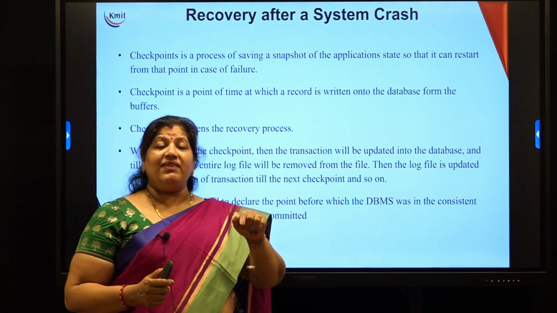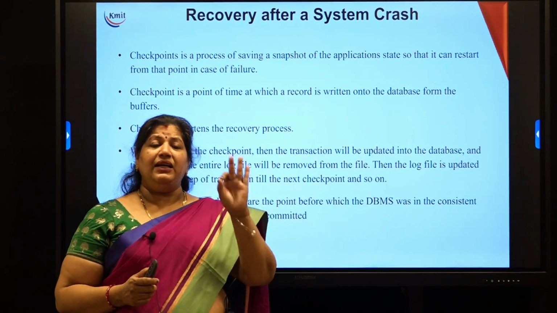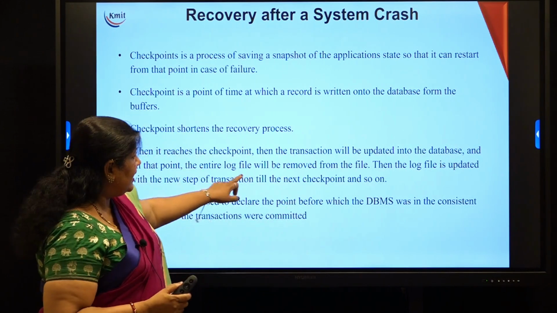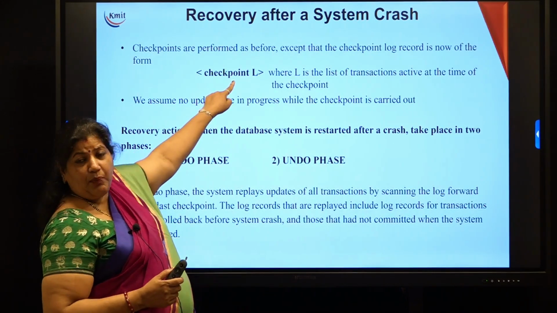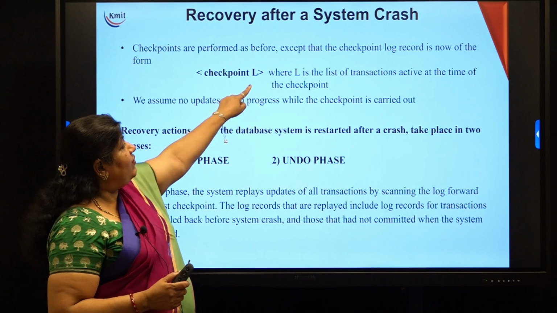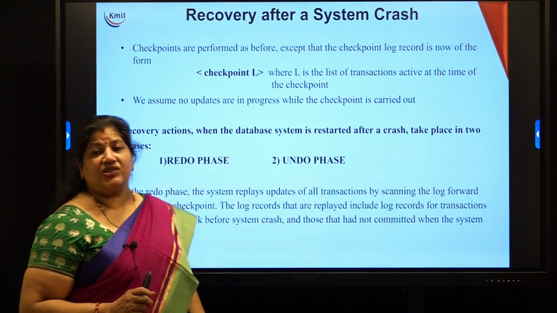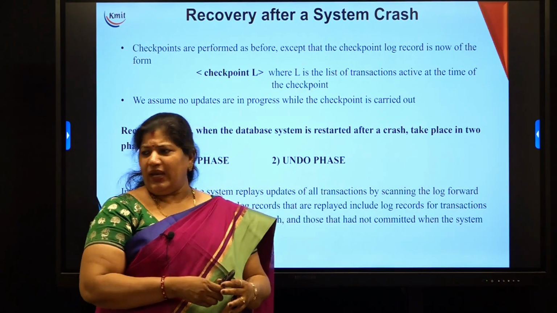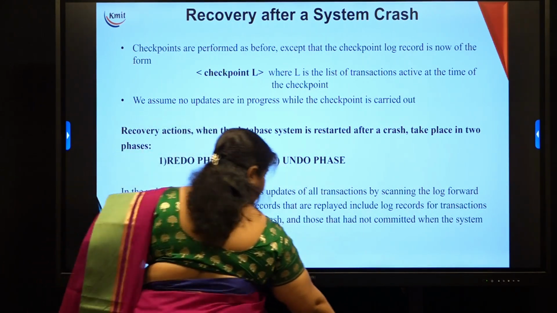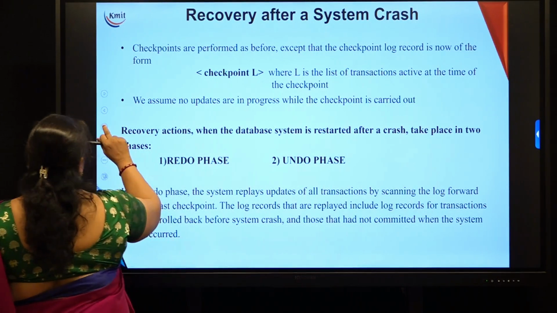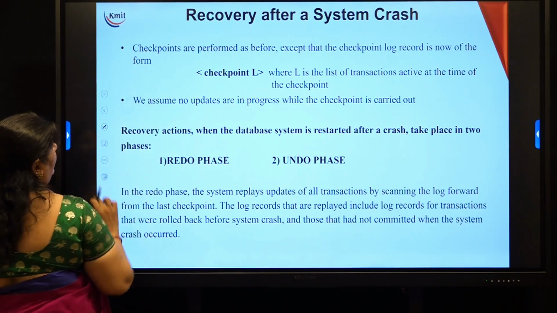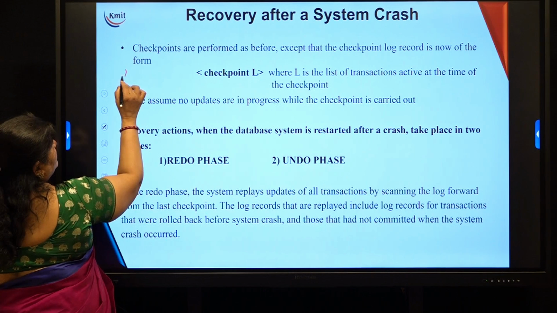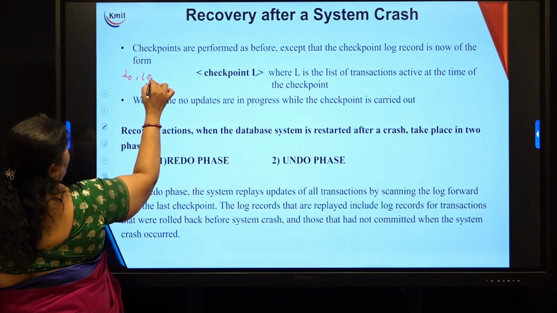Now in case of concurrent execution, the checkpoint will also have a list of all the transactions that are active during the time of the checkpoint. Just imagine, let me tell you something. Maybe here I had a process T0 which was committed.